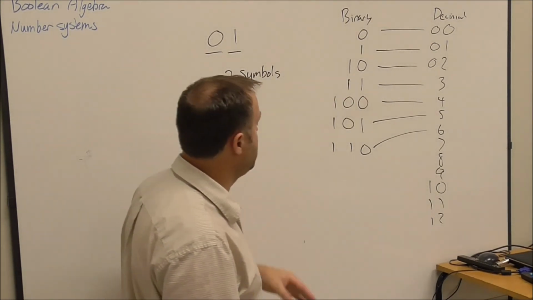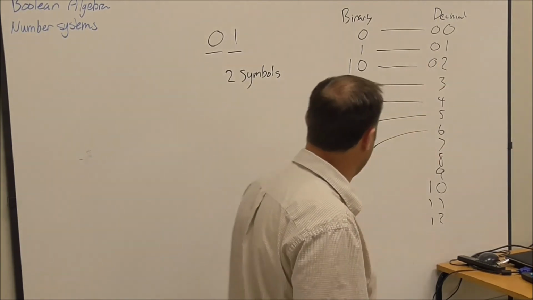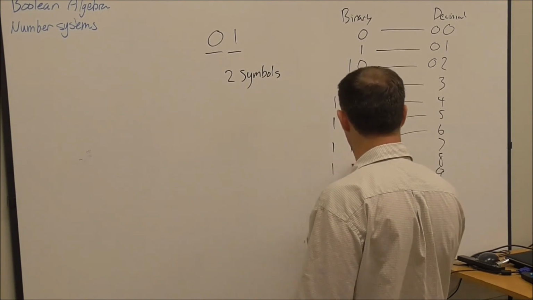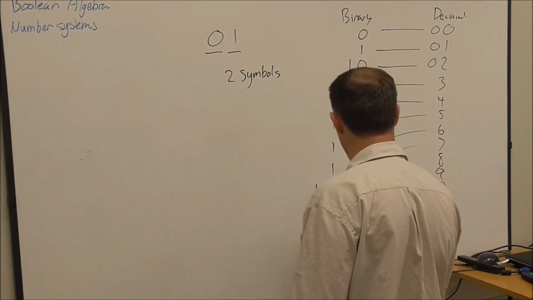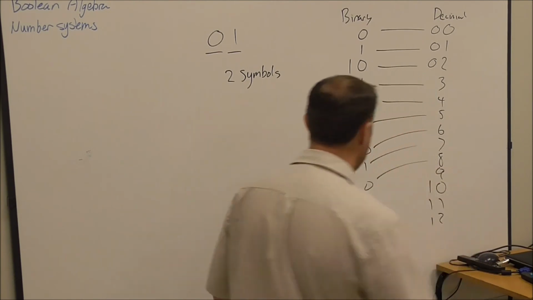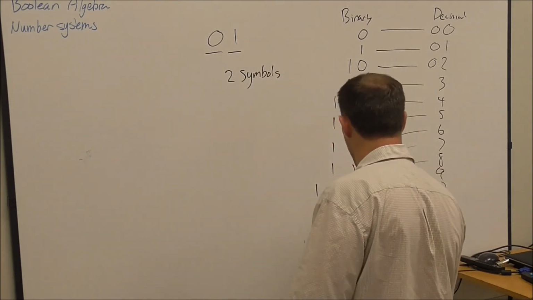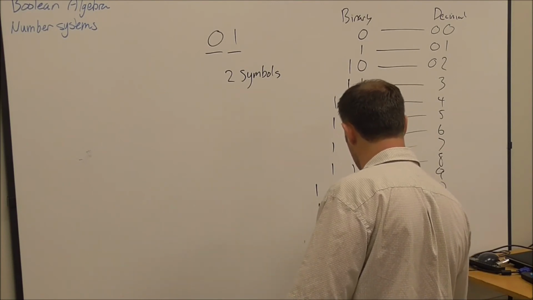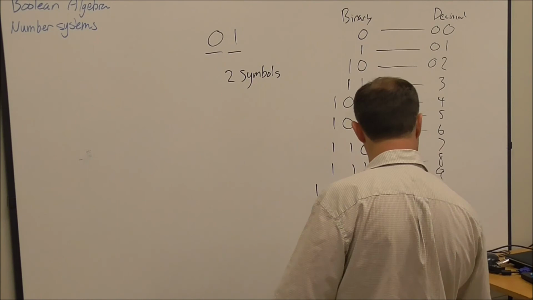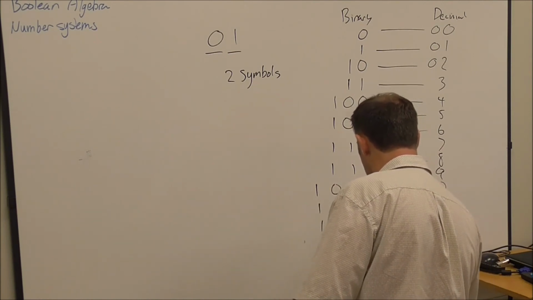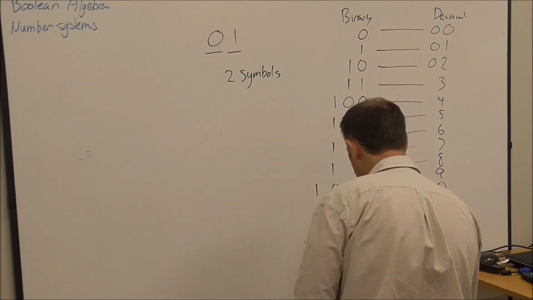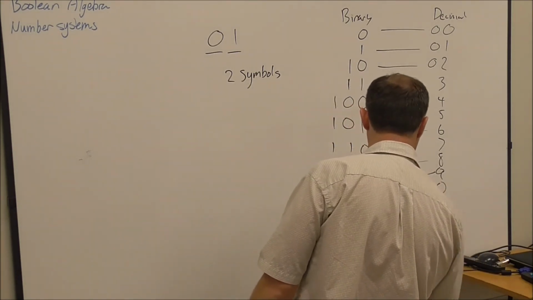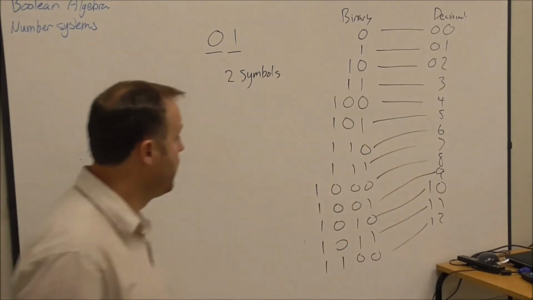And so you can see here that even when I go up, 7 is 111. 8 is going to be 1000. 9, 10, 11, 12. Okay, so you can see how it follows.